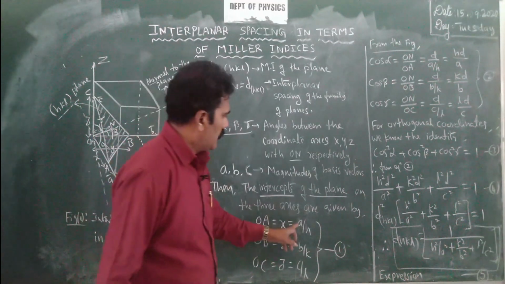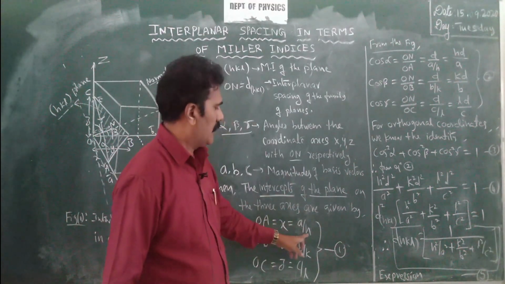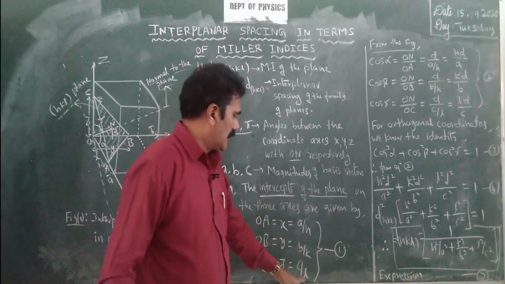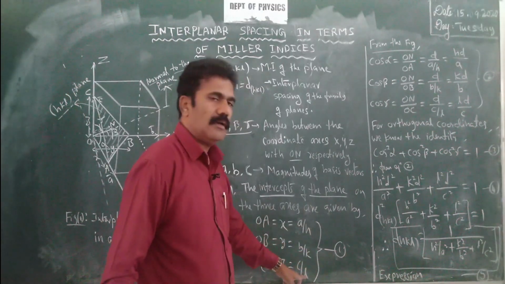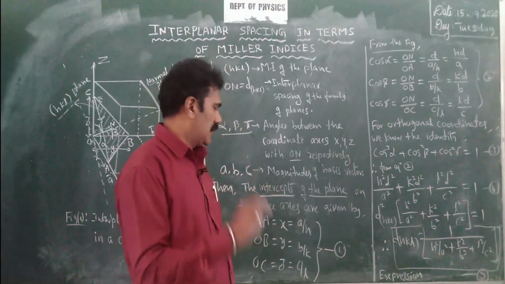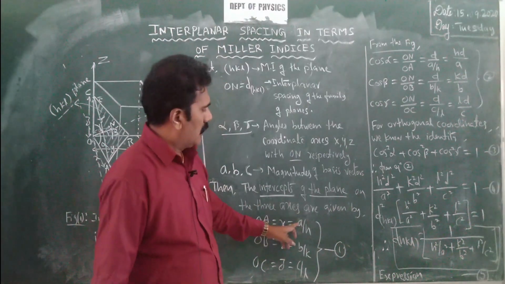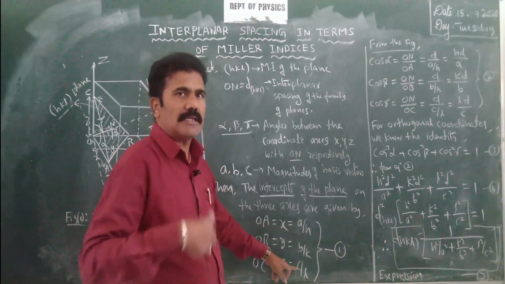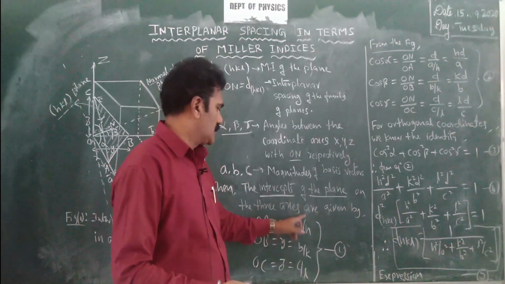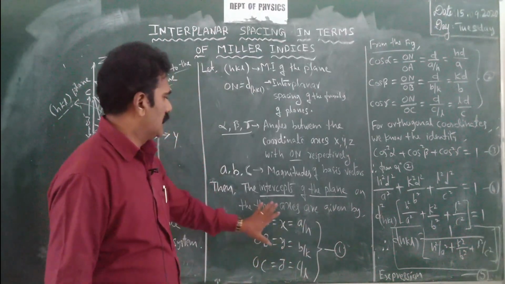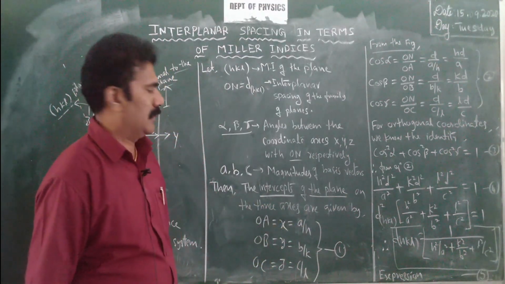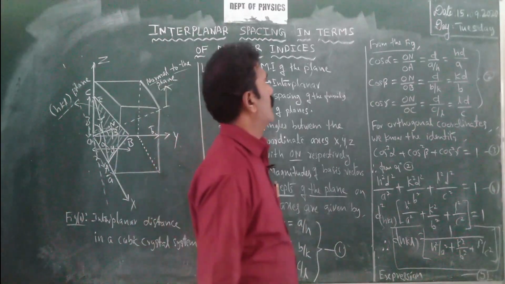According to the Miller indices definition, it is the ratio a by h, b by k, c by l, where h, k, l in the denominator are the smallest integers taken along the a, b, c basis vectors respectively. So these ratios we can write as just the intercepts. Let it be equation number 1.